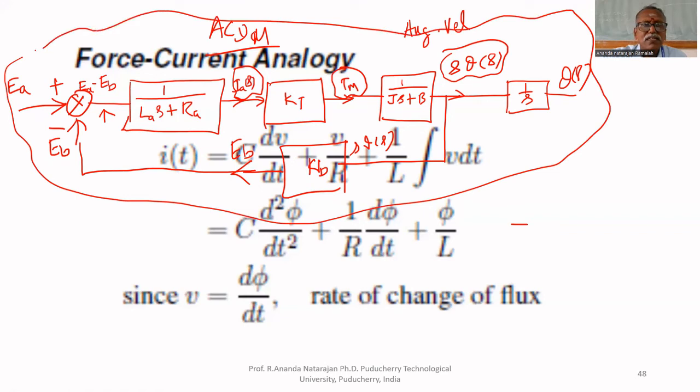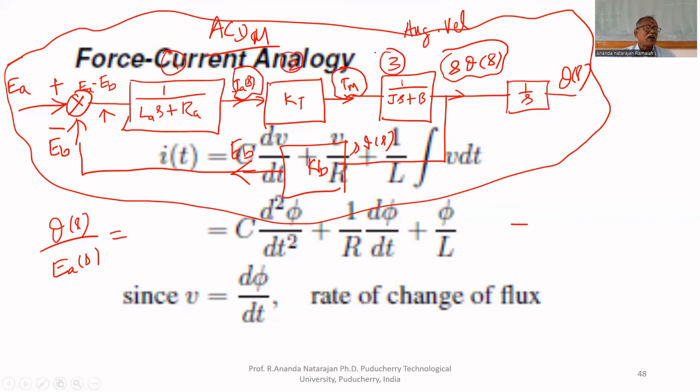Each transfer function is represented in terms of a block diagram. How we got theta of S upon EA of S: there I combined all the equations mathematically and finally found it. Here also you can find it. This is one block, this is the second block, this is the third block.